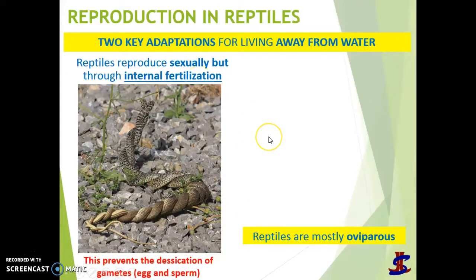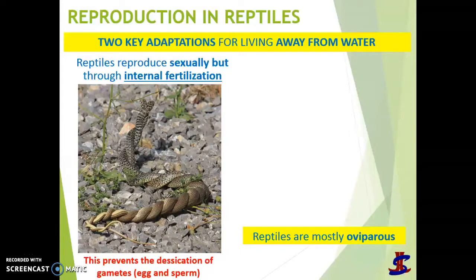Why is that? That's because when they move away from the water, there is a danger of the eggs getting dry with external fertilization. As you remember, in amphibians the female lays the eggs outside in the water, and then the male comes and fertilizes the eggs.